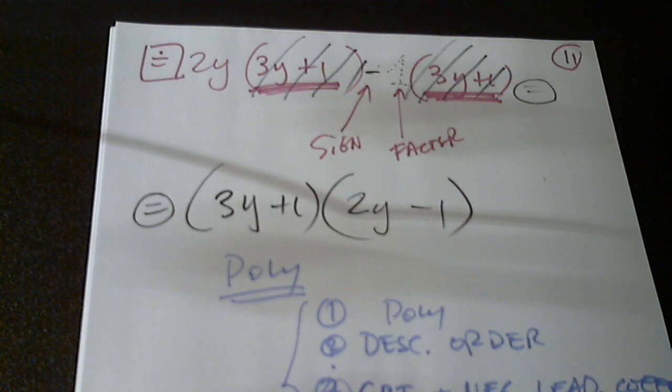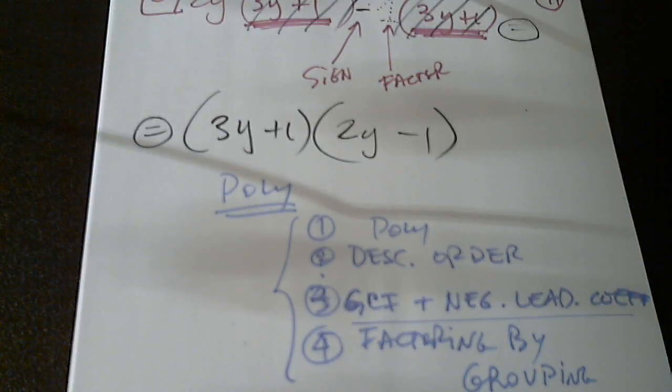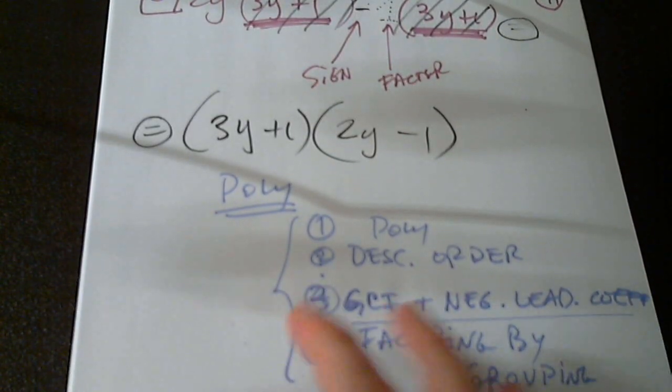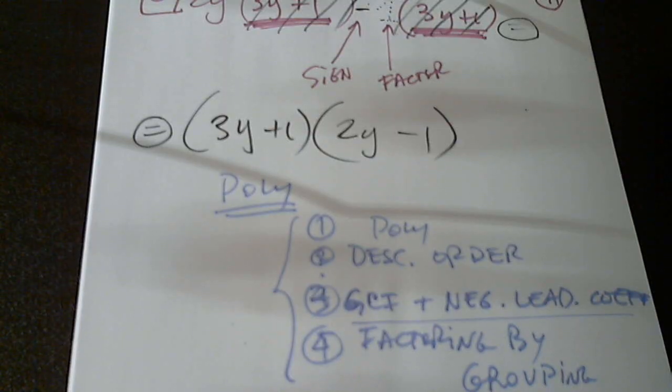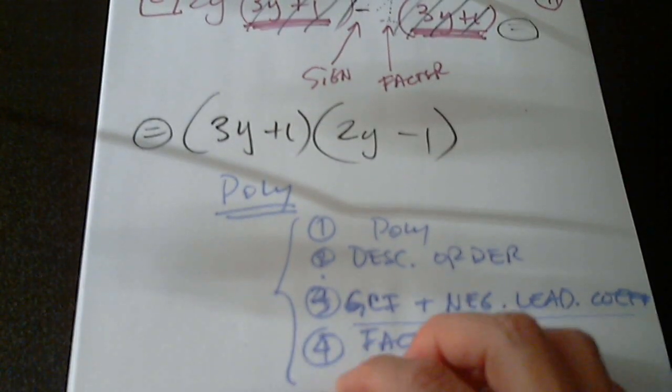So let's say x cubed plus 2x squared minus x minus 2. Factoring polynomials, the easiest. It's a polynomial, it's in descending order. Greatest common factor to all 4? No. Negative leading coefficient? No. Factoring by grouping? Done.